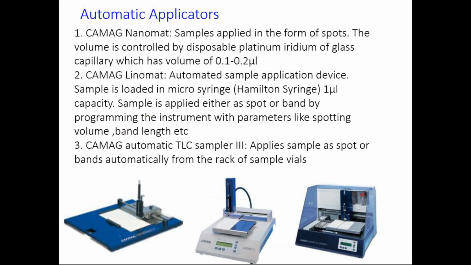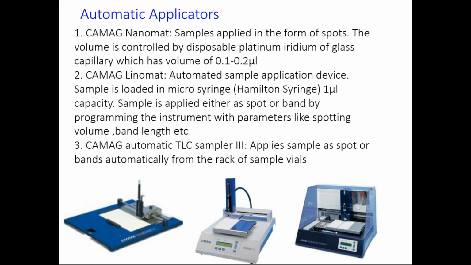So you have automated applicators where the automation goes to the level that you can spot only 0.1 to 0.2 microliters. You have the Camag Nanomat or the Linomat, which spots automatically using a 1 microliter syringe. And then you have the automated TLC sampler, which is for a large number of samples.